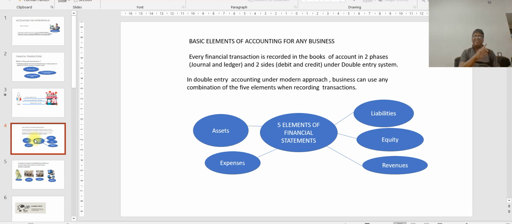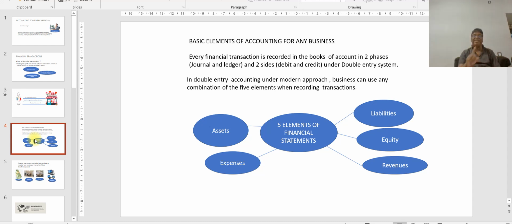In the journal, transactions are recorded in chronological order, and from the journal, transactions are posted to the various accounts in the ledger. Then we prepare the trial balance, taking the balances of all the accounts. Then we prepare the trading account, profit and loss account and balance sheet.